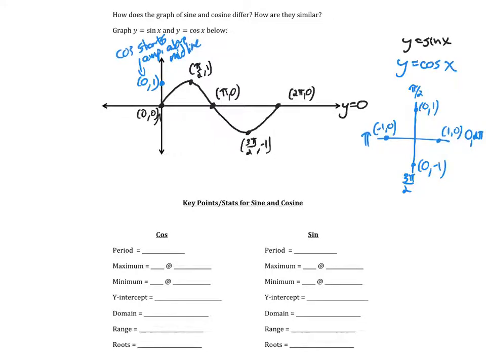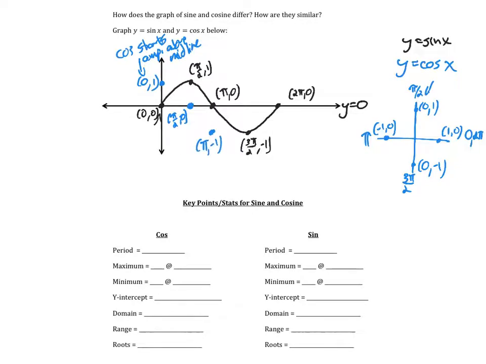All right, let's go to pi over 2. What's cosine of pi over 2? It's 0. So this point is pi over 2 comma 0. At pi, cosine is negative 1. So pi, negative 1.